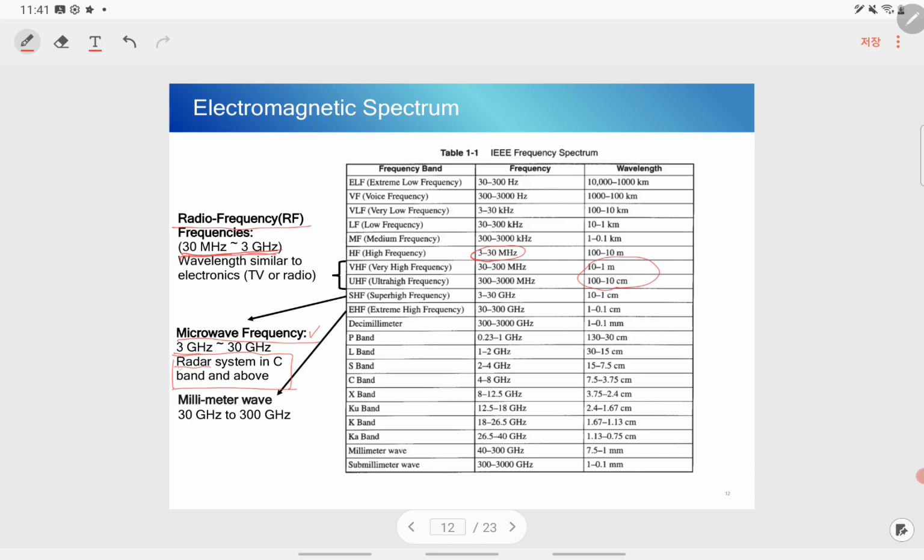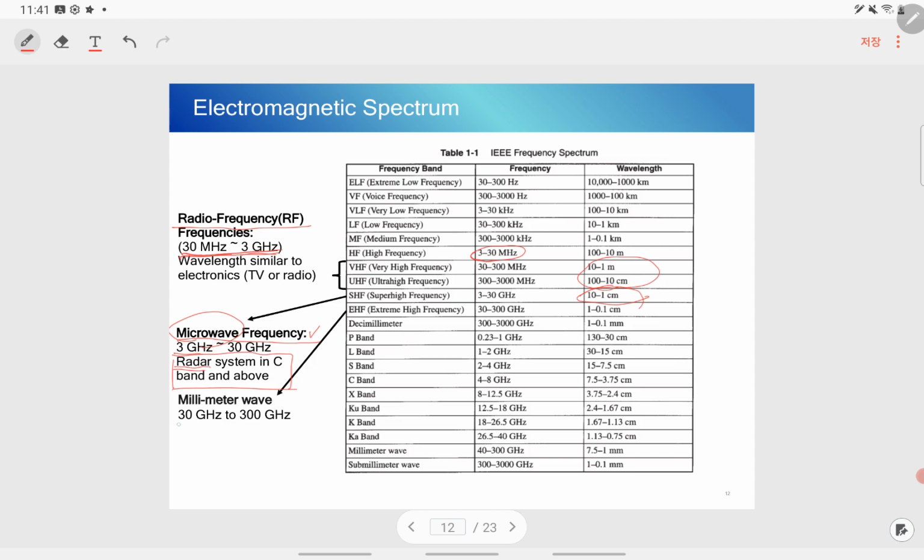Conventional radar systems use 3 to 30 gigahertz, so the microwave frequency definition comes from radar. 3 to 30 gigahertz means centimeter wavelengths, 1 to 10 centimeters.